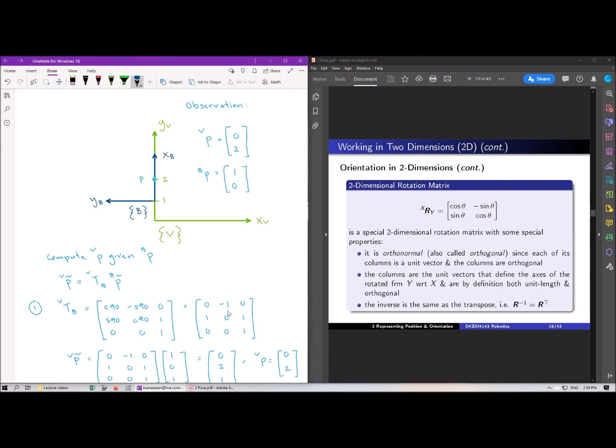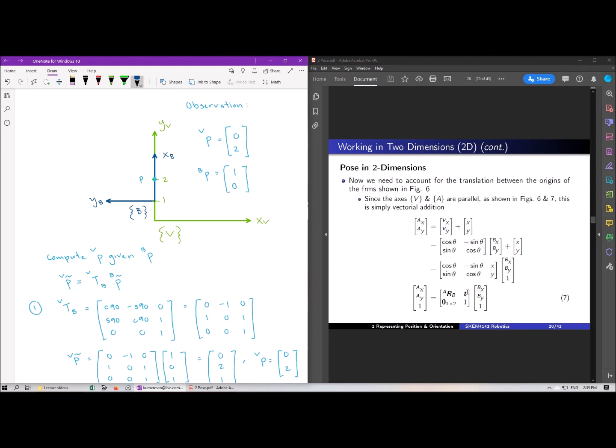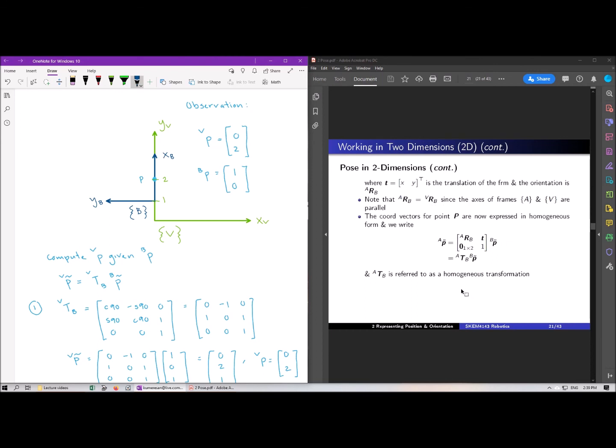We get this matrix. And remember that T is the position of this origin with respect to coordinate frame V. The position of this origin is 0, 1, so we plug in 0, 1. The last row is always 0, 0, 1. So this is our homogeneous transformation matrix TBV.